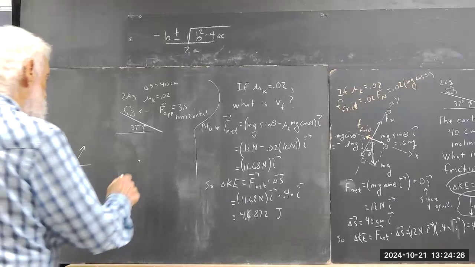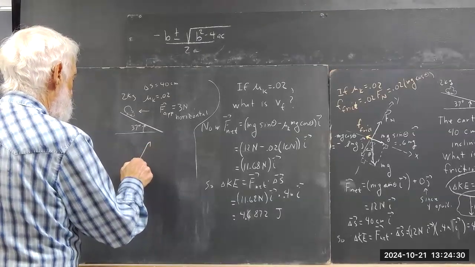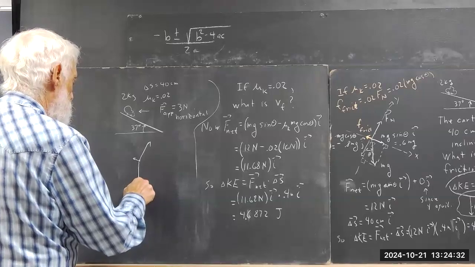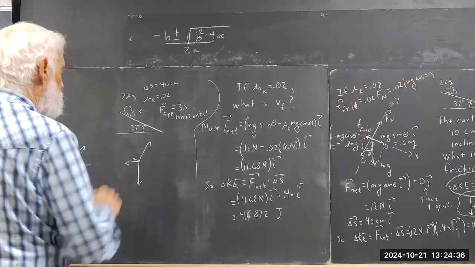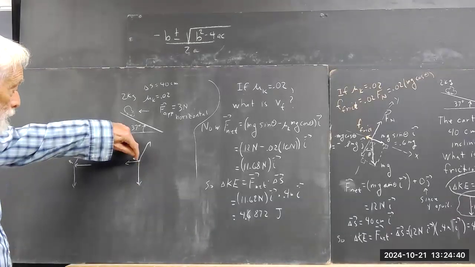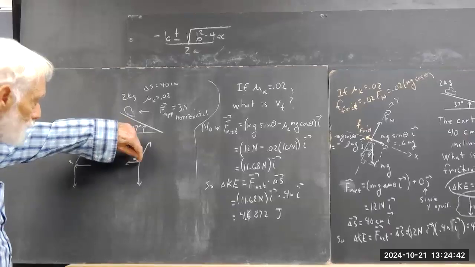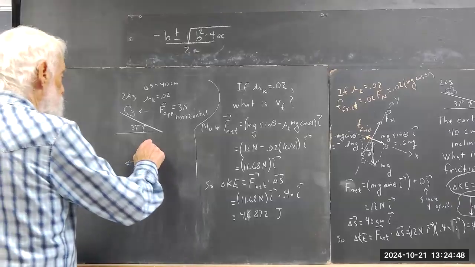So you really want to draw it like this. You want to draw that applied force with the initial point on the dot. If you draw it here, you're not going to be able to do what I'm about to do.